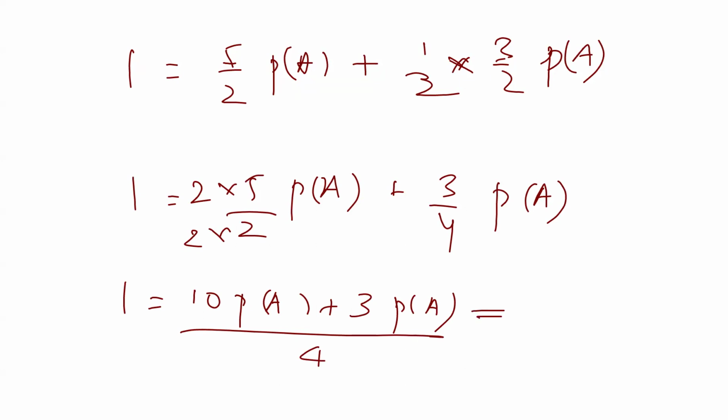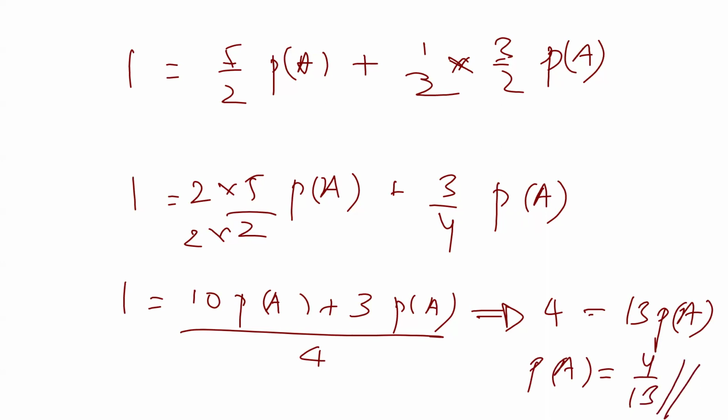So that gives you 4 is equal to 13 P of A, and P of A will be equal to 4 by 13.